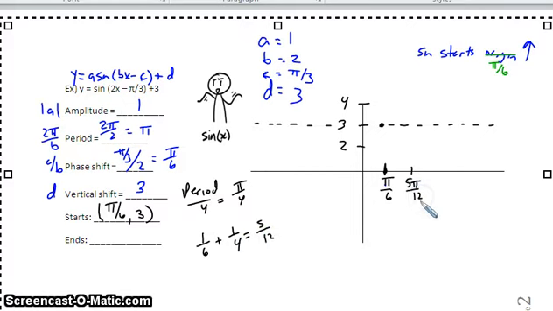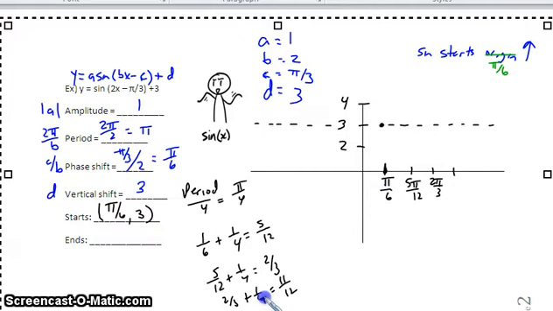Then to get the next one, I'll take 5 over 12 and add 1/4 to that. Doing that, I get 2/3. So if that's 2/3, this would be 2 pi over 3. Okay, do it again. Take 2/3 now and add 1/4 to that. I get 11 over 12.